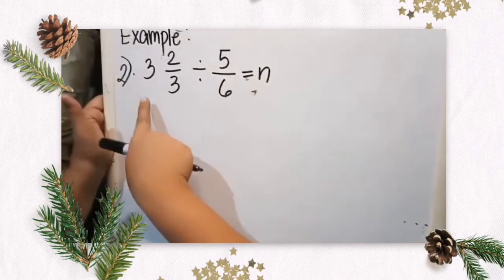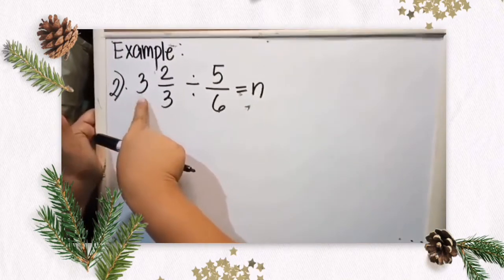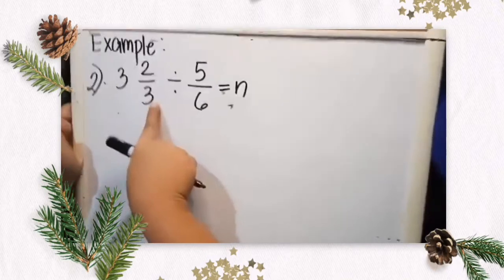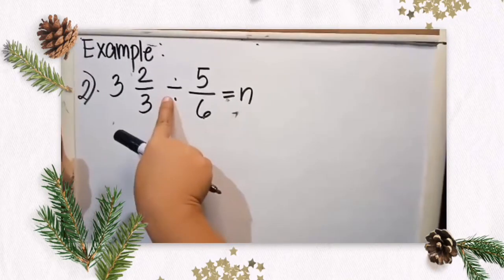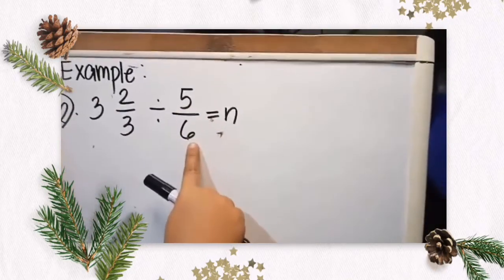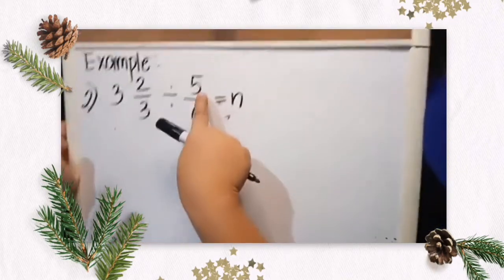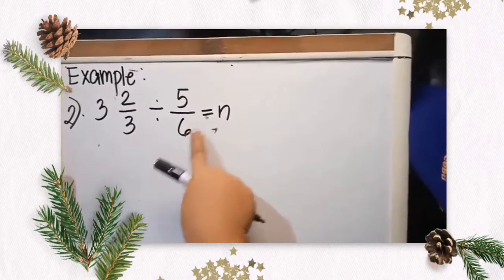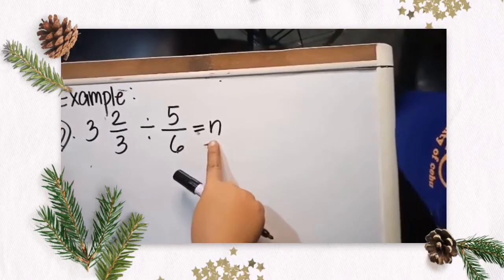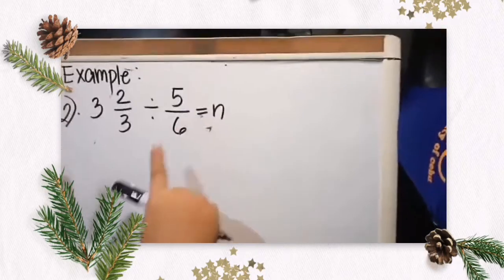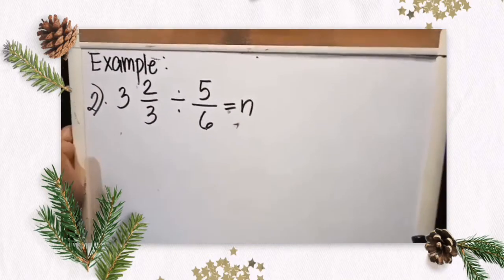Okay, another example is 3 and 2 over 3 divided by 5 over 6. 3 and 2/3 dividend. 5 over 6 divisor. And n is the quotient or missing number nato or atong pangitaon ng answer.